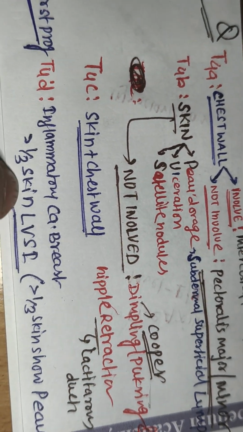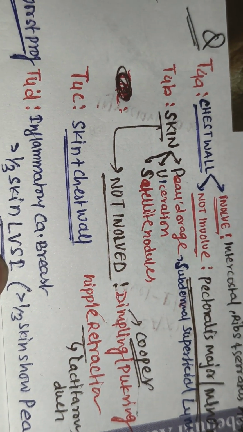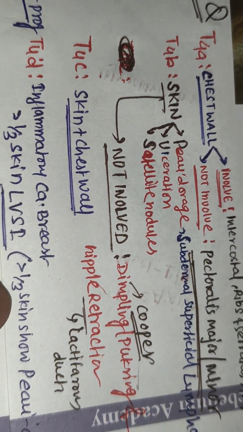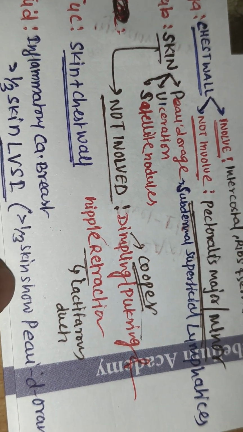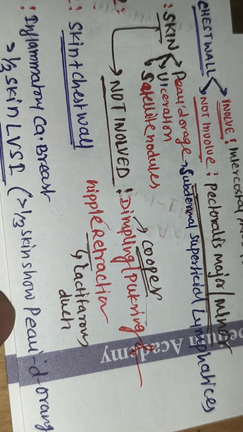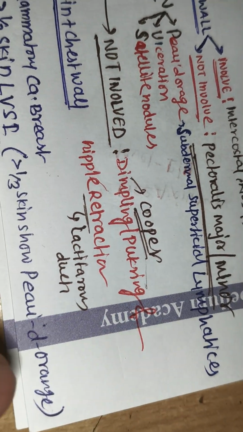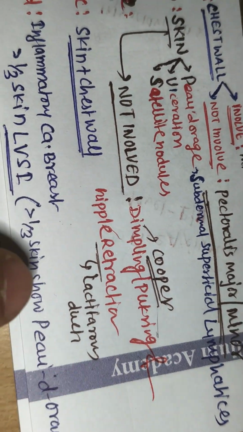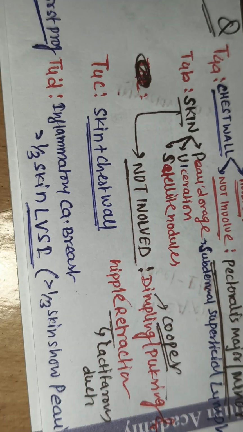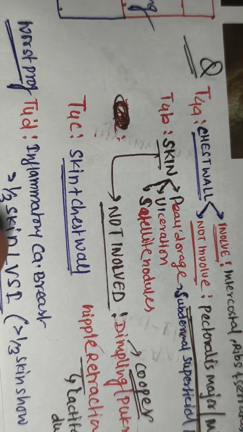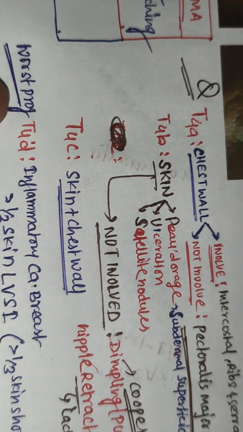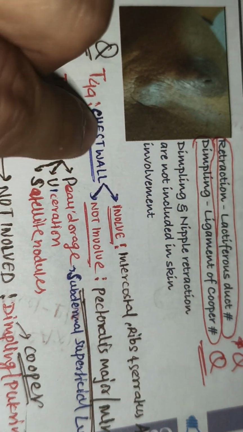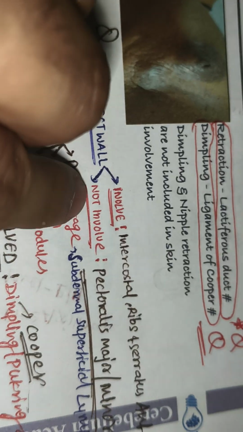More than one third skin involvement: if peau d'orange is written in the question or specifically mentioned, then this is T4d staging and worst prognosis. But T4a and T4b are the important ones.